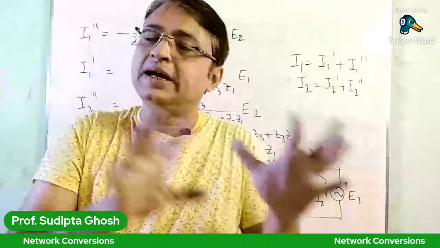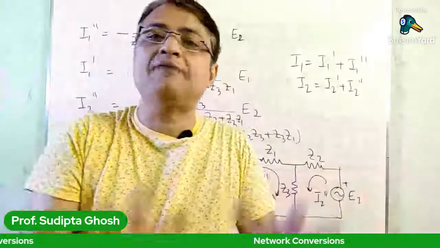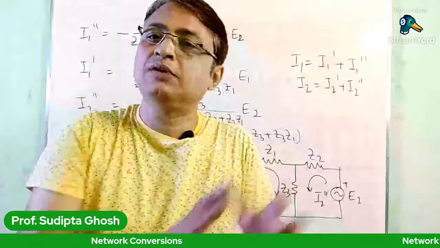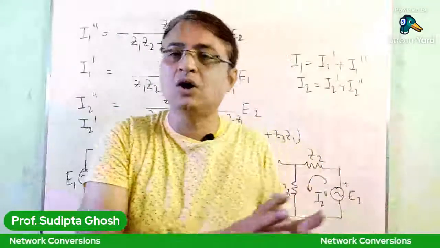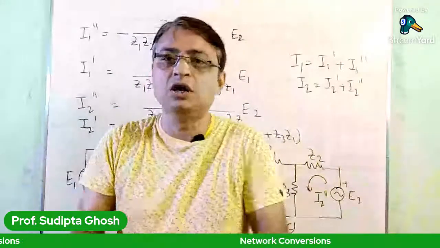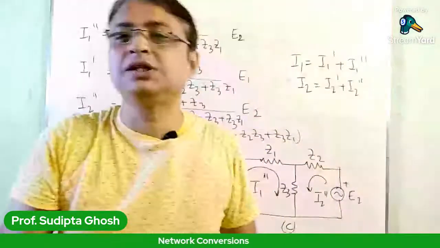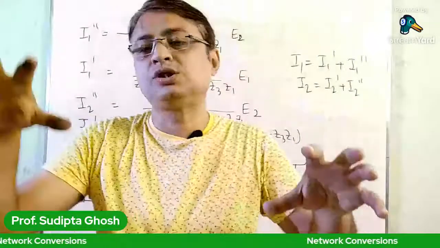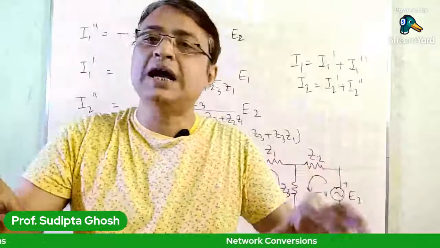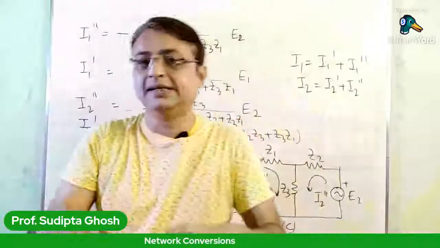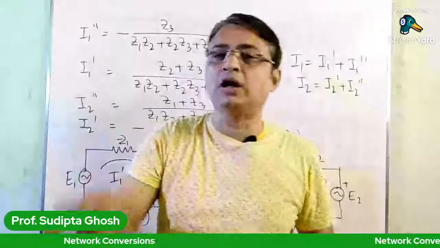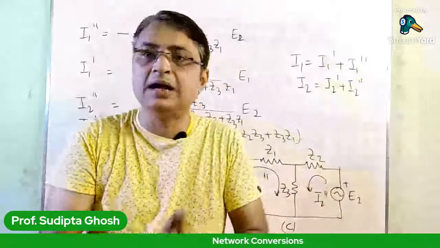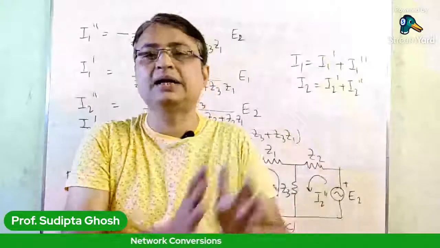In KCL or KVL, we have to take into account whether we apply the current law or the voltage law. But in the superposition theorem, the circuit may contain one voltage source and another current source, and by calculating for each voltage or current source, we can proceed in a similar manner and find the resultant current.